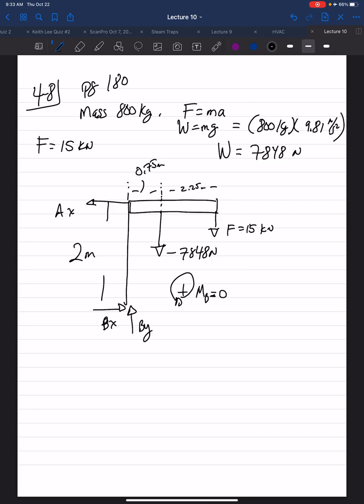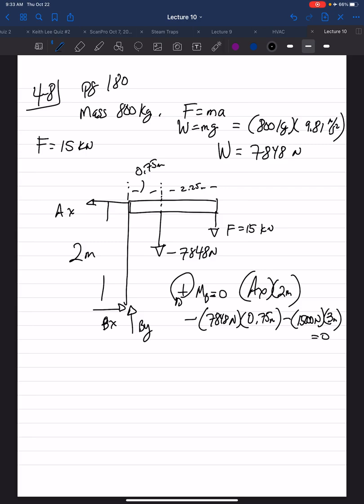So AX times 2 meters, that's the perpendicular distance from AX to point B, minus the 7848 newtons times the perpendicular distance, which is 0.75 meters, all with respect to point B, minus the 15,000 newtons, 15 kilonewtons, times the perpendicular distance, which is 3 meters.